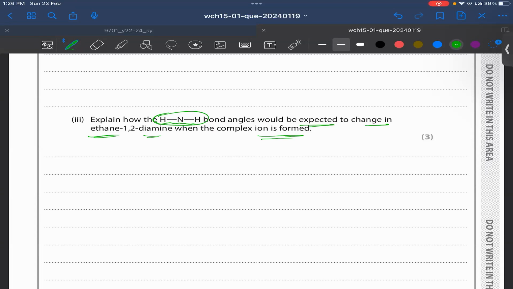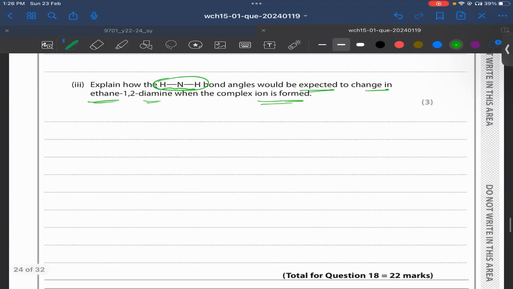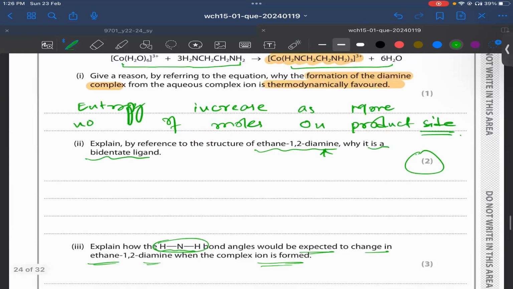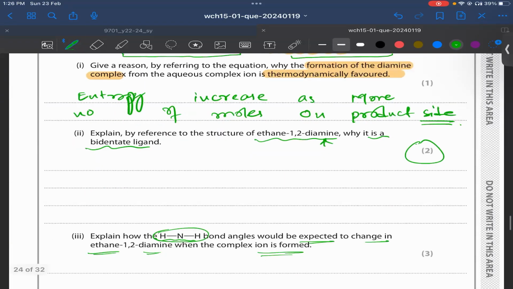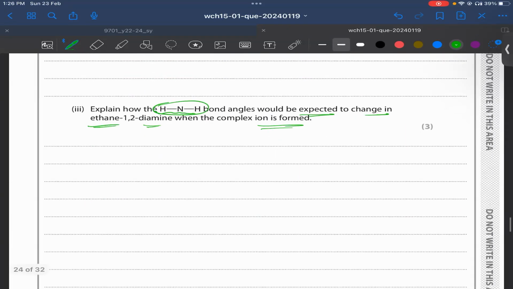This is related to chemical bonding. Why would the hydrogen-nitrogen-hydrogen bond angle be expected to change in ethane 1,2-diamine when the complex is formed? So we have to talk about the lone pairs and bond pairs and the angle. Obviously, you have to talk about the shape. In ethane 1,2-diamine, what is the geometry of nitrogen?